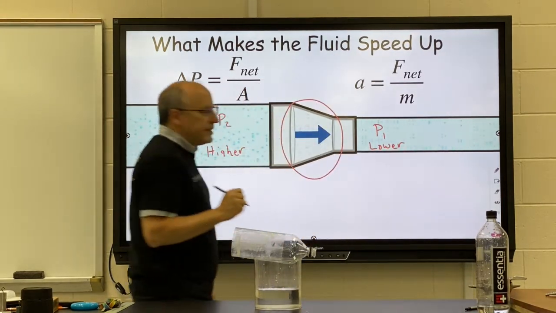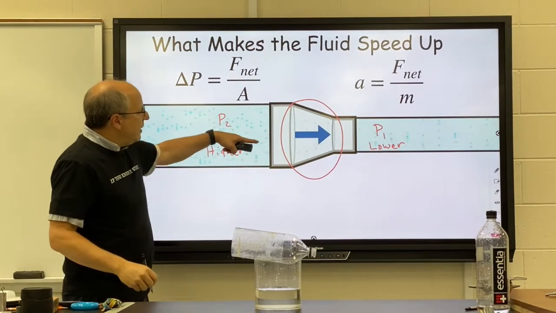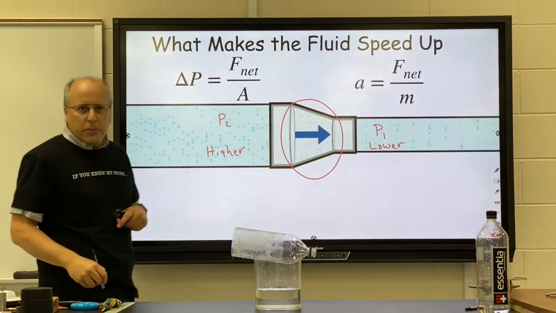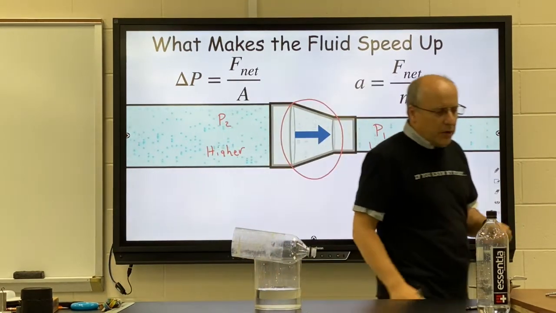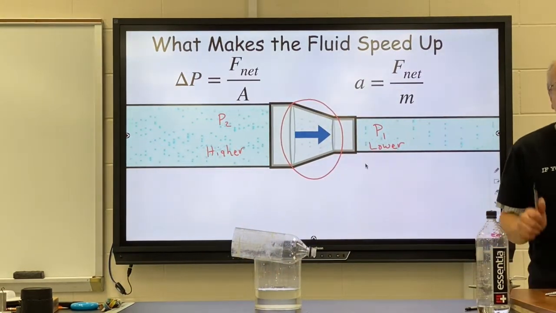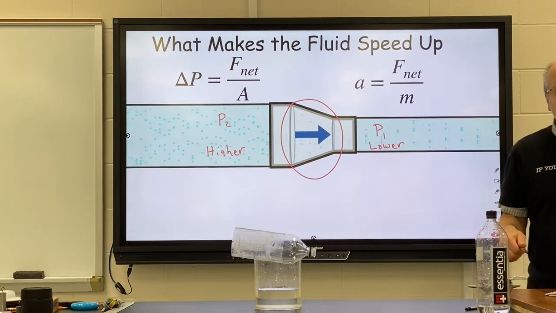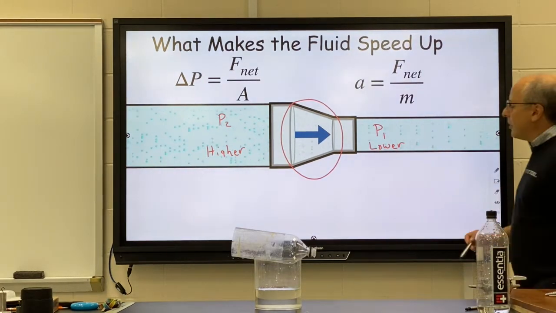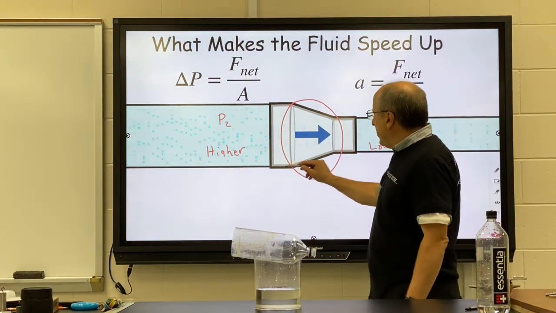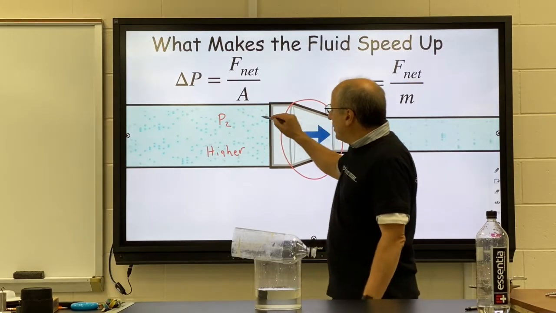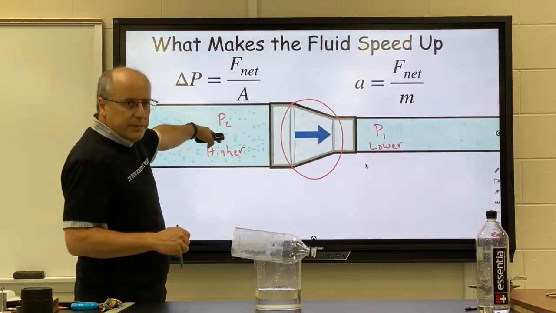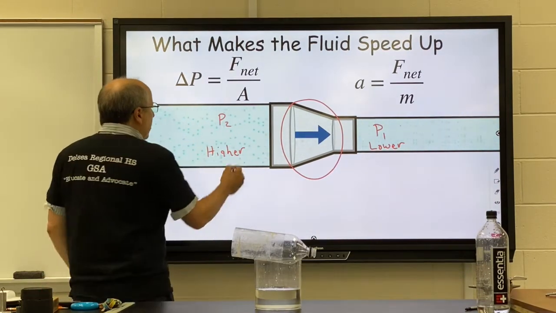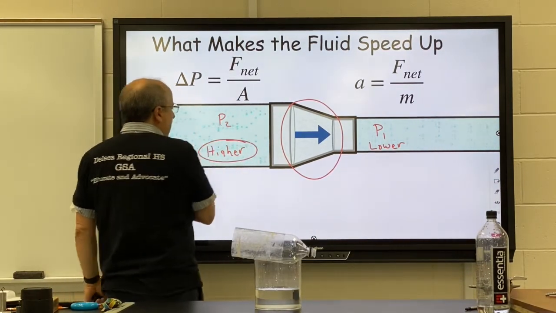If we're going to get this thing to speed up, we need high pressure behind it and low pressure in front. So when this thing contracts into a smaller pipe, it actually causes the pressure to drop. A better way of looking at it is to think of when you hit this reducer, it causes a slowdown in the fluid on the left, and that causes the pressure here to get higher.